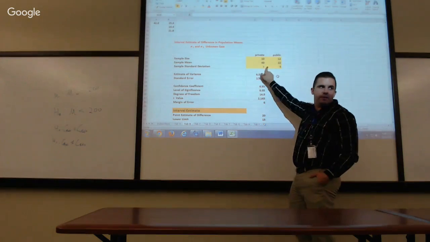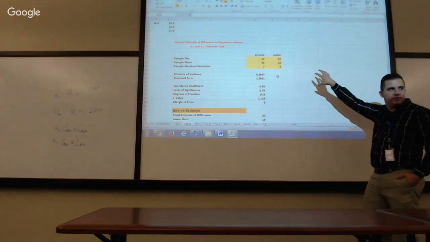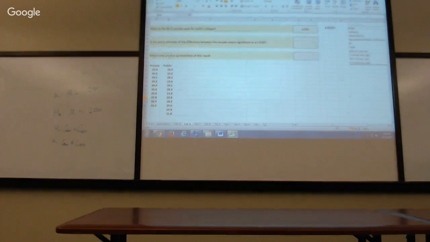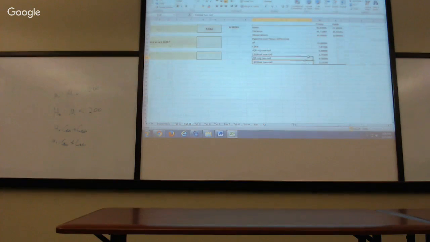Questions on this template versus doing the test in data? Which one did you say was the p-value? Is that the one above the T critical 1 tail? The p-value for 2 tail, right here.